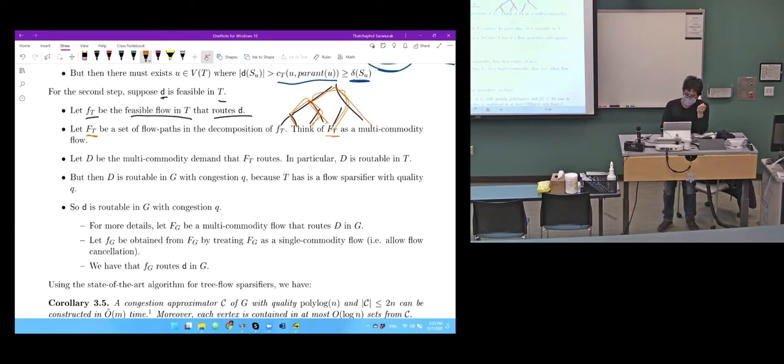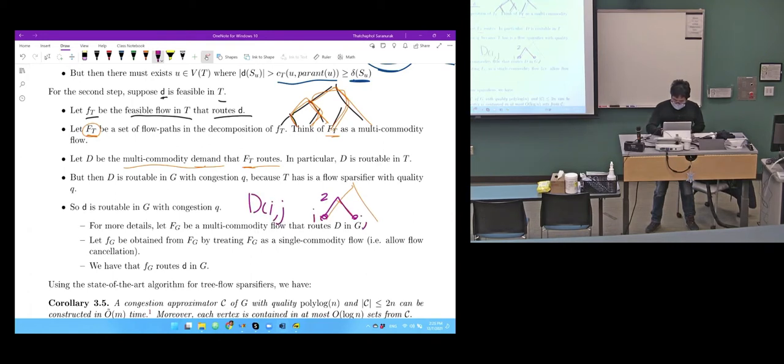From these flow paths, you can define the multi-commodity flow demand that this routes. That is, if you have the flow path here, and this is a 2, then you can say that d_ij is 2.